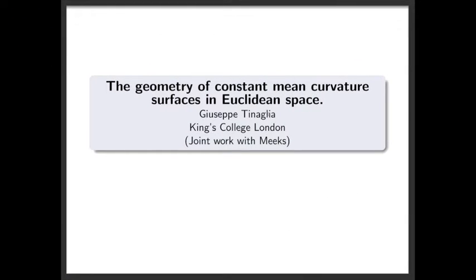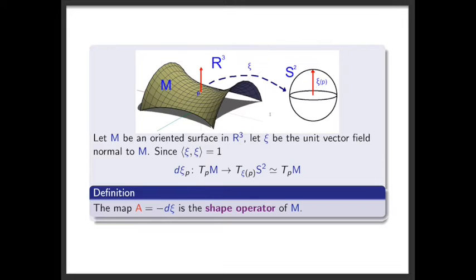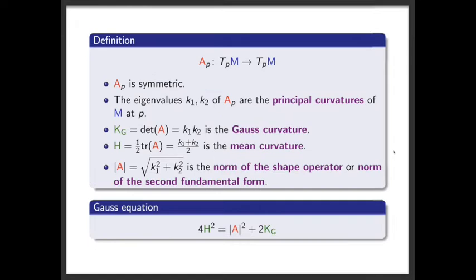Let me begin this talk by describing the objects that we're going to talk about. So we start with an oriented surface M in R3, and if we take the derivative of the unit normal vector field, we get a map from the tangent space of M to the tangent space of M. The negative of this derivative is called the shape operator, and we denote it by A. What can we say about A?